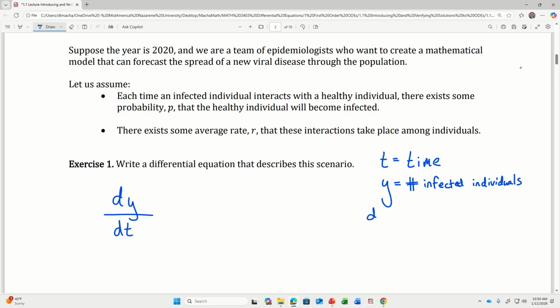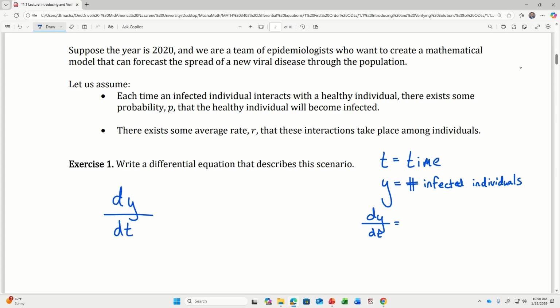So that the derivative dy/dt would be a rate of change. I tell all my Calculus 1 students like 1,000 times in their first semester that a derivative is a rate of change. This is the rate of change of infected individuals with respect to time.